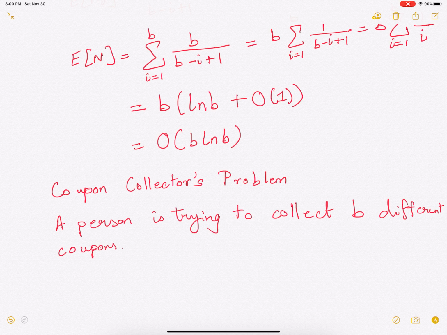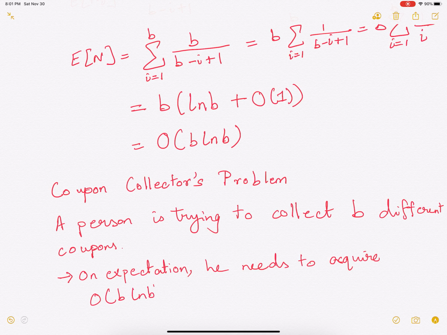Okay, and the question that we are trying to ask is how many total coupons he will need to acquire. So to collect these b different coupons, on expectation, he needs to acquire O of b ln b coupons. Okay, so this is the coupon collector's problem.